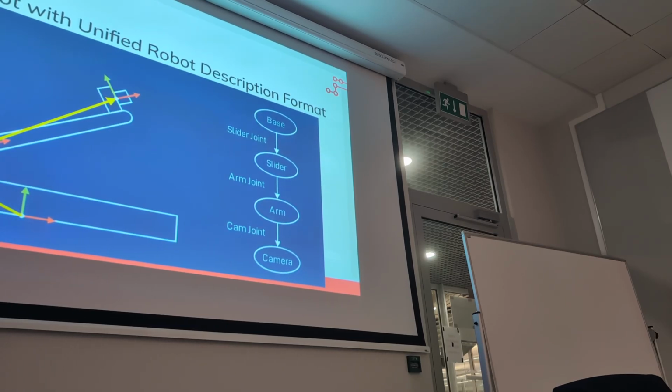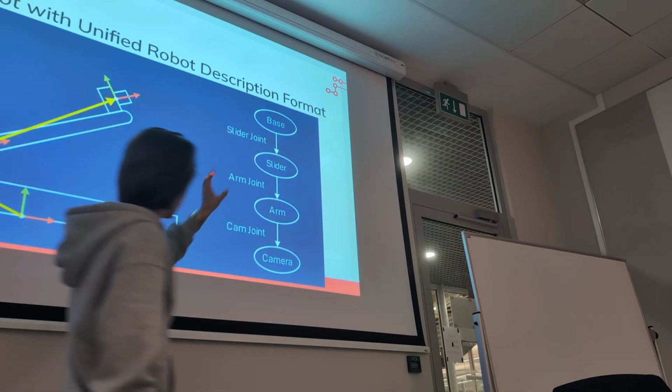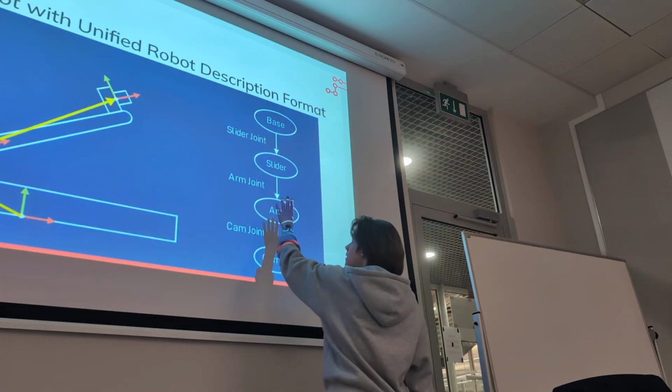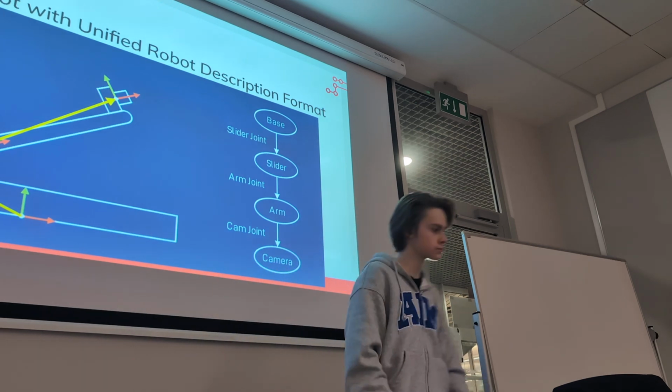That's why they are shown with that kind of yellow arrow. Each of them has some axis, which gives the relation in space. But all of that is in the example. So we have a base, slider, arm, and camera, which are shown here.